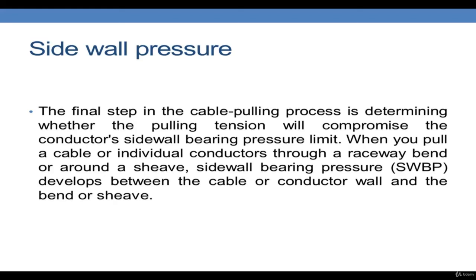As I have mentioned several times throughout this lecture, the cable pulling tension is dependent on the sidewall pressure as well as the jamming ratio, or the case of jamming. If you have too much tension on the cable, then this could affect the sidewall bearing pressure of the cable and the conduit and thereby damage the cable.